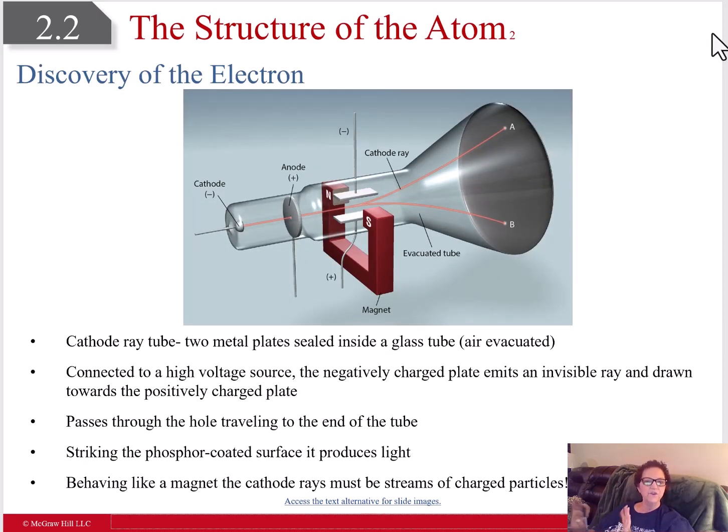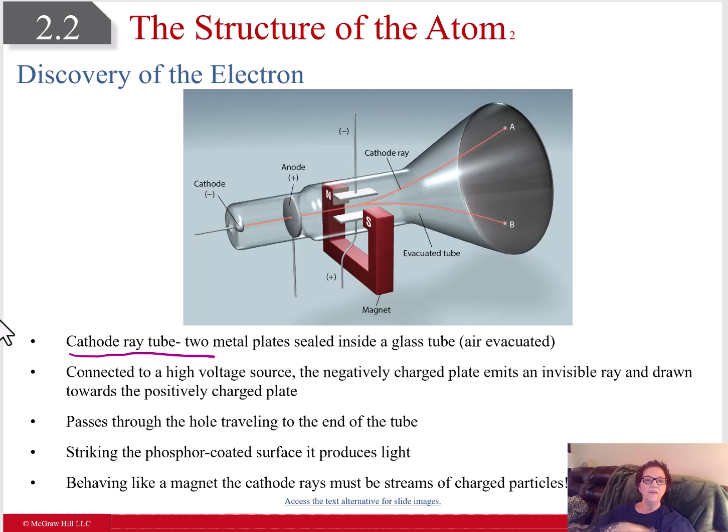And this was a great experiment known as the cathode ray tube experiment. Basically, it allowed him to figure out that there were particles that were moving that were negatively charged, okay? The cathode is negative and the anode is positive, just like in a battery.